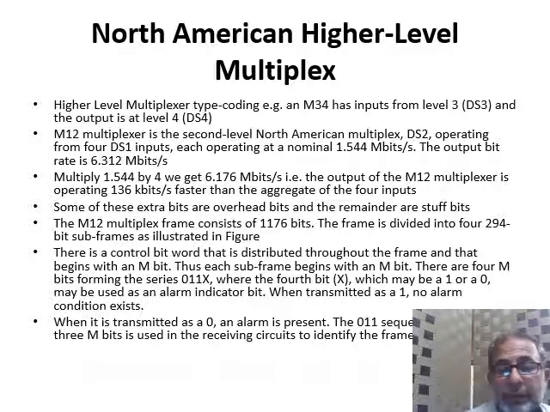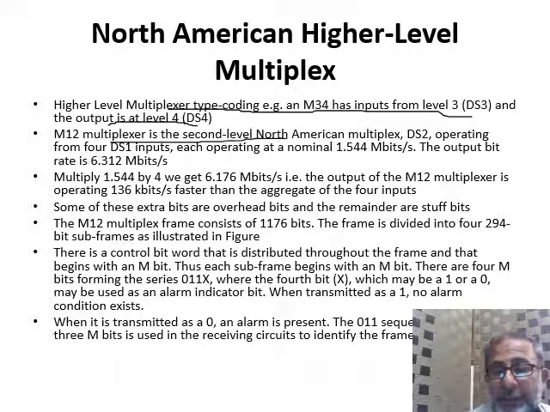Now, the North American higher standard multiplex, how is it done? The higher multiplex, for example M34, has input from level 3 and the output is at level 4, or DS4. M12 is the second level North American multiplex, with DS2 output from DS1 inputs, each operating at nominal 1.544.